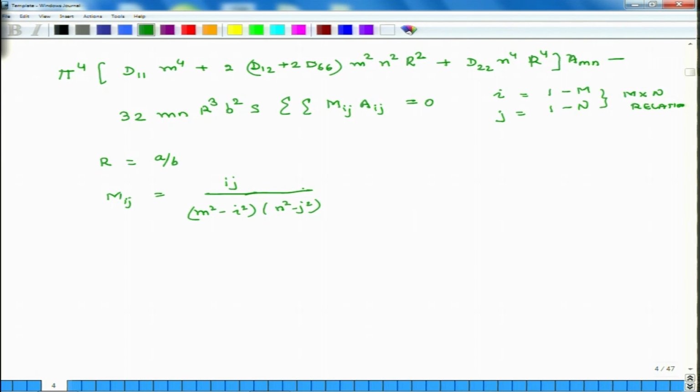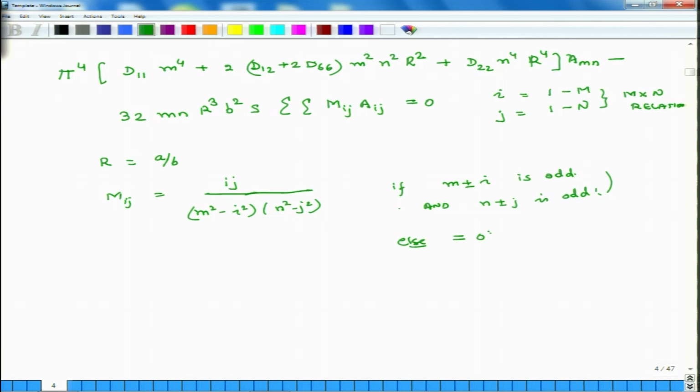This is the value of M_ij if m plus or minus I is odd and n plus or minus j is odd. Both conditions must hold. If either m plus or minus I or n plus or minus j is even, then M_ij is equal to 0.